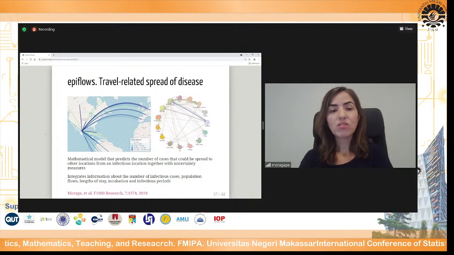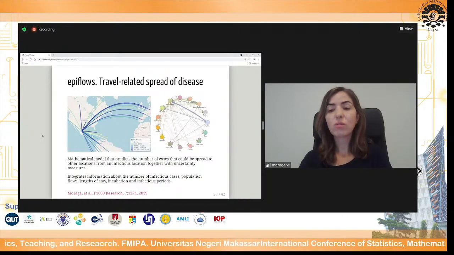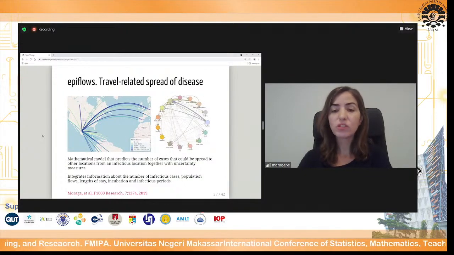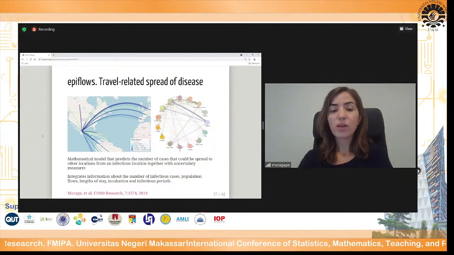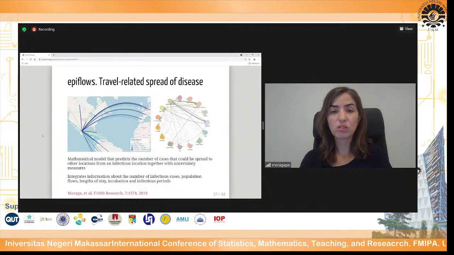So this package implements a mathematical model to predict the number of cases that could be spread to other locations from an infectious location together with uncertainty measures. And it uses information about the number of infectious cases, population flows, lengths of stay, and incubation and infectious period distributions.